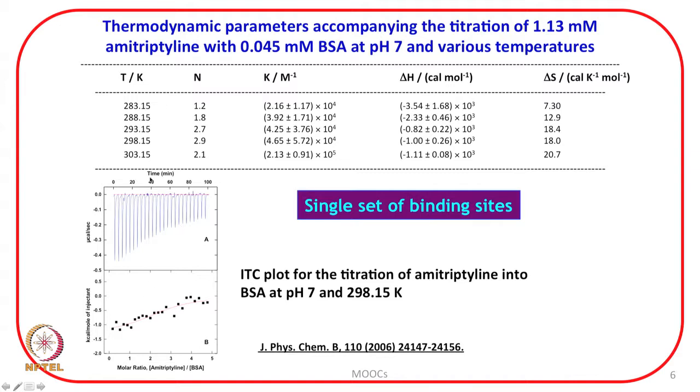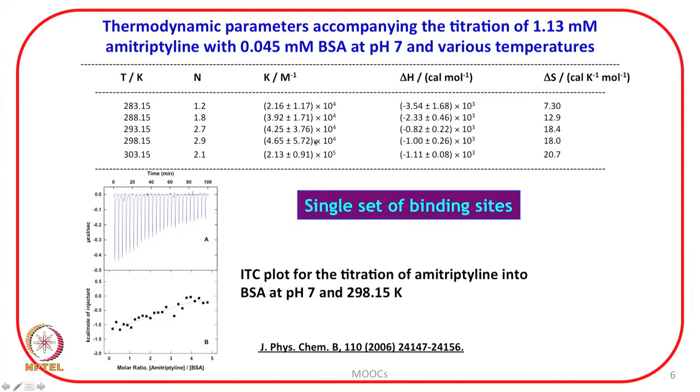Now, first thing is, again as discussed earlier, that even if we ignore the numbers given in this table, we just take a look at the figure, the ITC output clearly suggests that the binding must be weak, because the cooperativity in the binding isotherm is very, very weak.